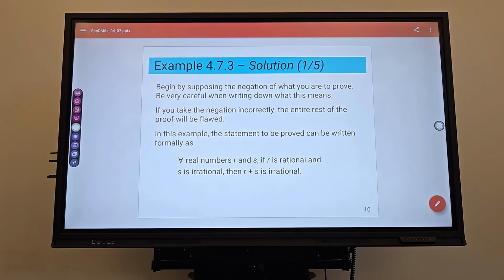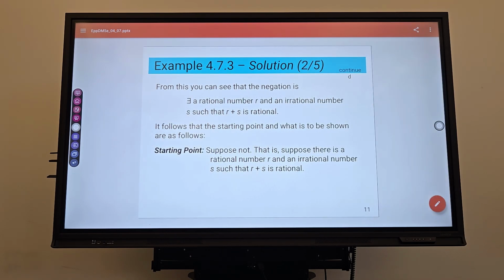In this example, the statement to be proved can be written formally as, for all real numbers R and S, if R is rational and S is irrational, then R plus S is irrational. From this, you can see that the negation is that there exists a rational number R and an irrational number S, such that R plus S is rational. It follows that the starting point and what is to be shown are as follows.